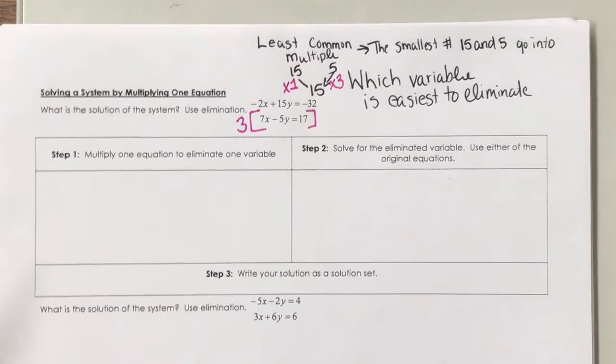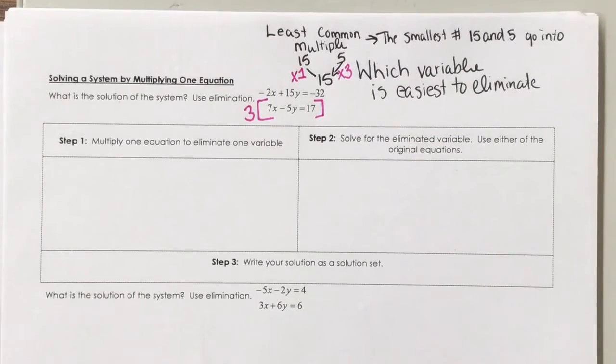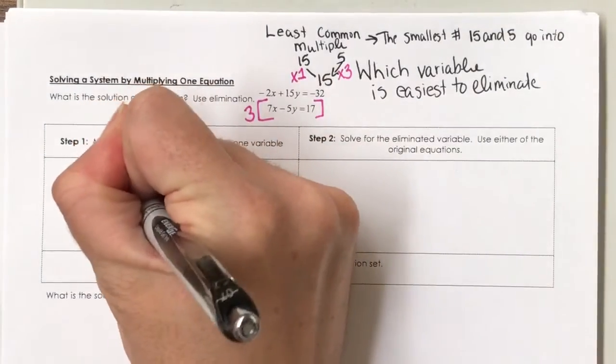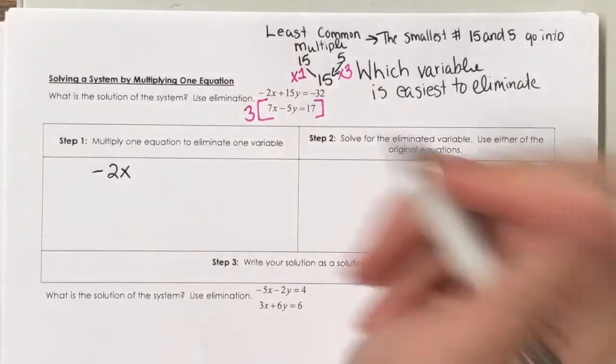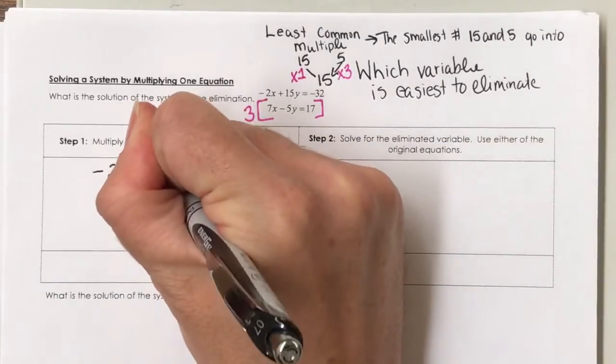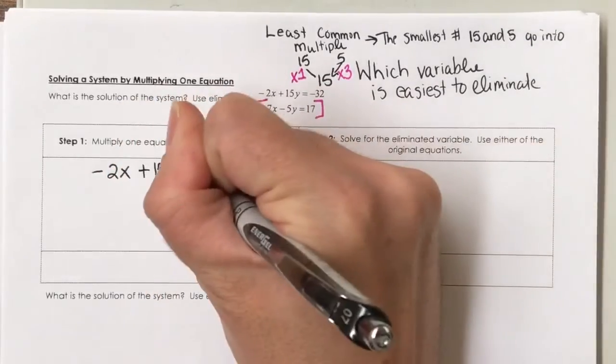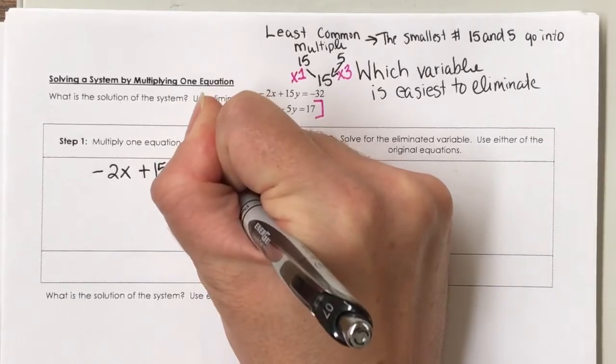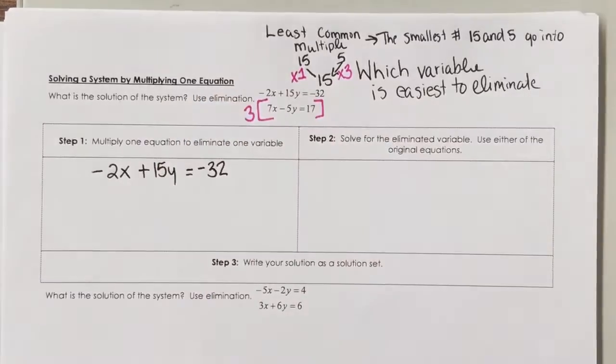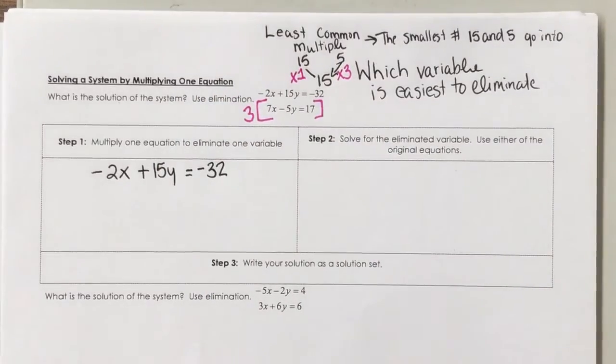So look at our steps. Step 1 says multiply one equation to eliminate one variable. Our first equation is not going to change. It's going to stay the same: negative 2x plus 15y is equal to negative 32. And our second equation, we are going to distribute through the 3.